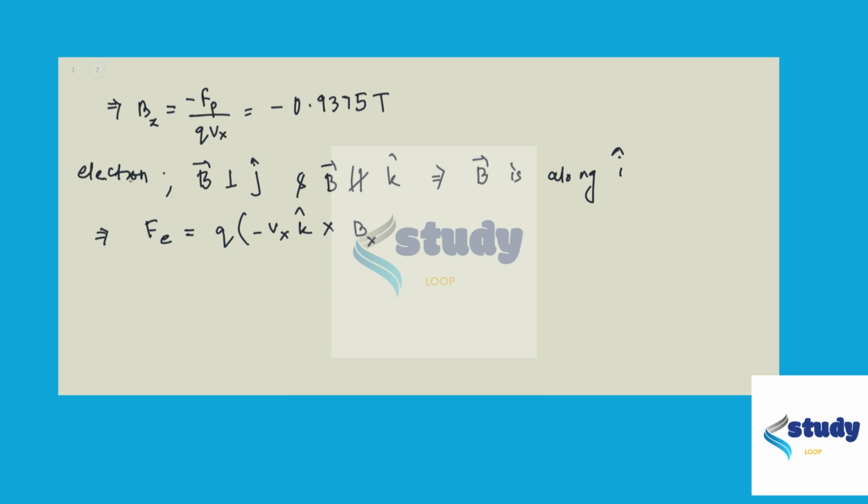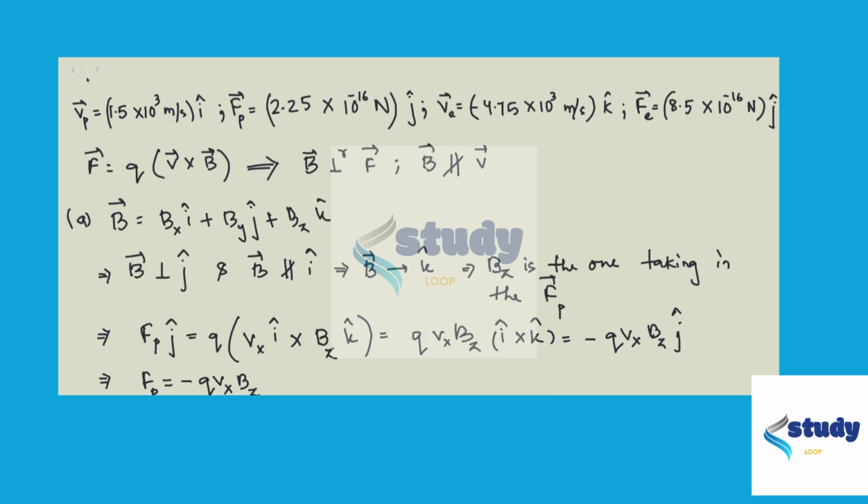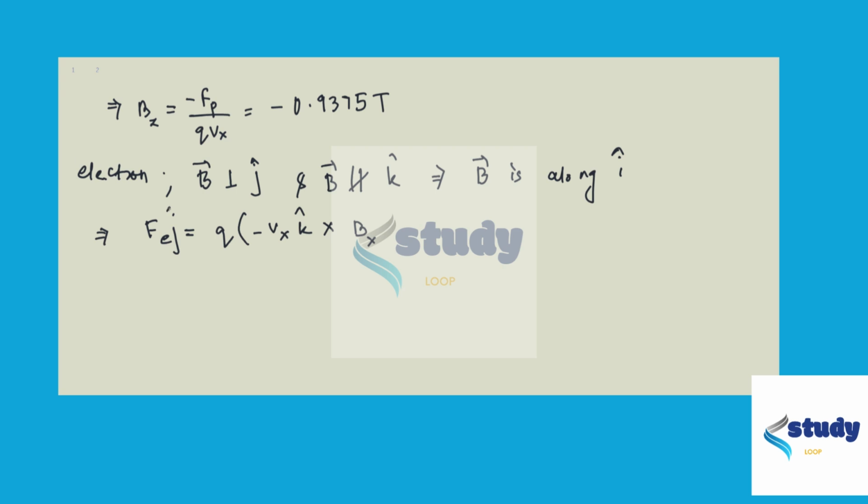This gives negative q times Vx times Bx, k cross i. And k cross i is j cap. So this is negative q Vx Bx j cap.